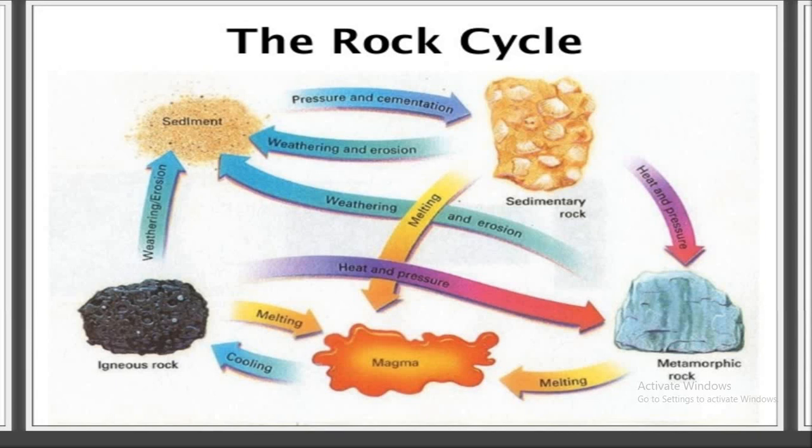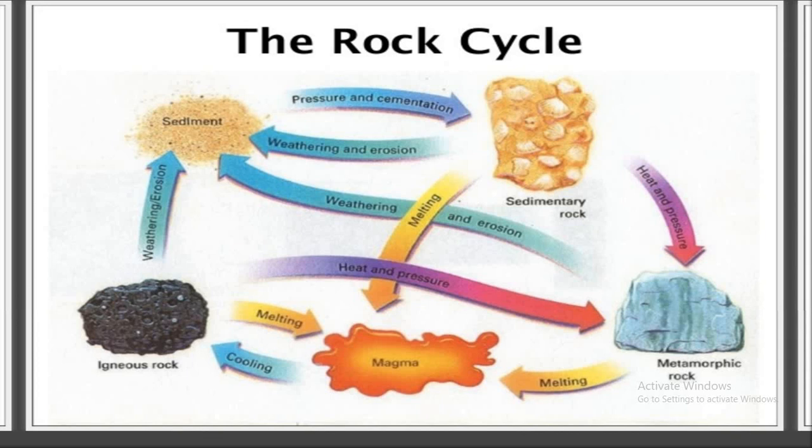Okay children, this is the rock cycle. Igneous to sedimentary, sedimentary to metamorphic, and finally metamorphic again takes its position and gives igneous rocks.